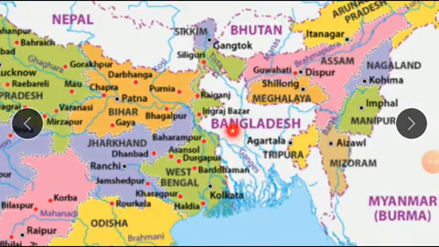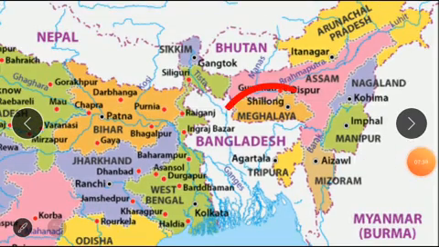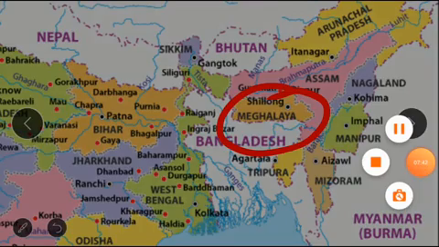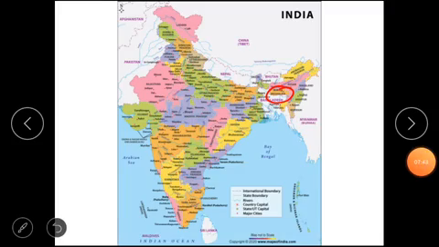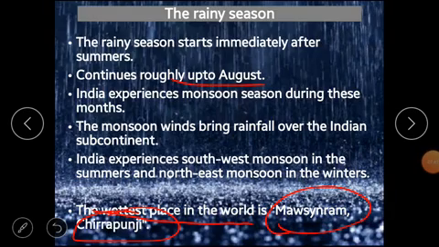Meghalaya is this. Here, this is Meghalaya, which is a part of northeastern India. So Mausin Ram is a part of Meghalaya which receives the maximum rainfall in the whole world. Remember this.